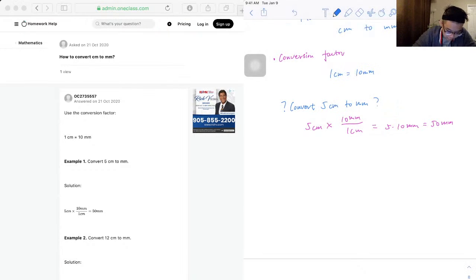And let's use another example. We want to convert 12 cm to mm.